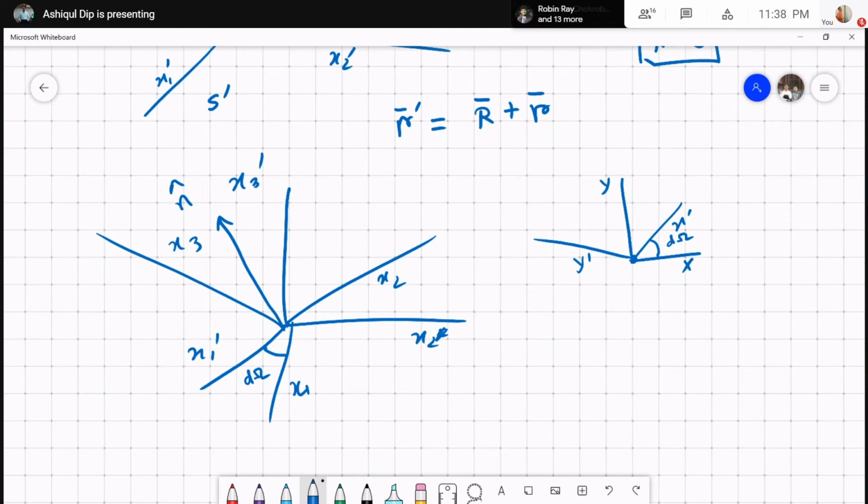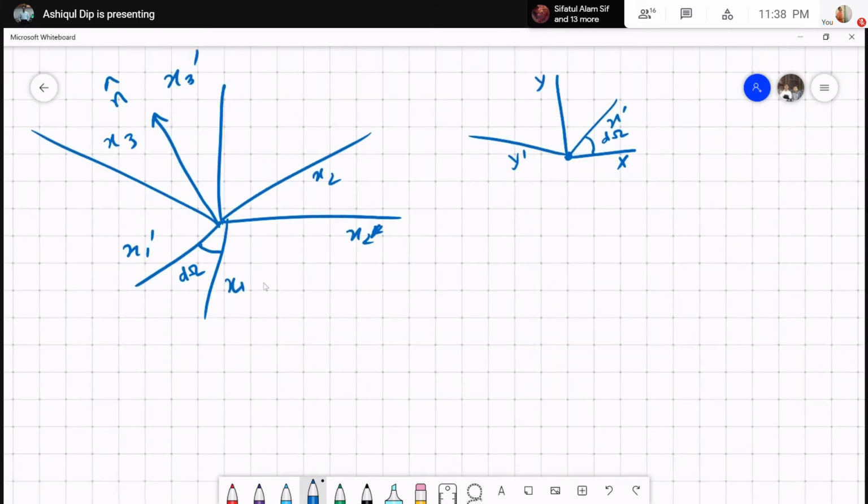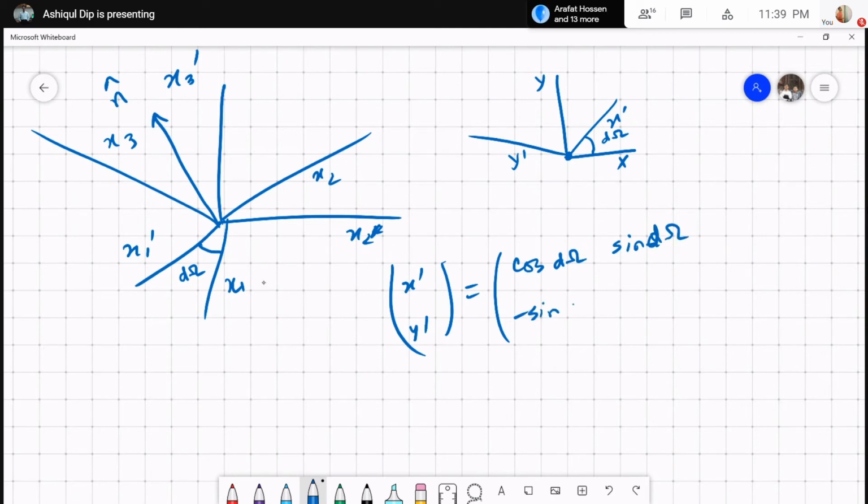Okay, so in 2 dimensions, what happens? If we have a differential separation, then we have (x prime, y prime) equals the matrix cos d omega, sine d omega; minus sine d omega, cos d omega, times (x, y), and the z remains the same, so we do not have to worry about that, right?